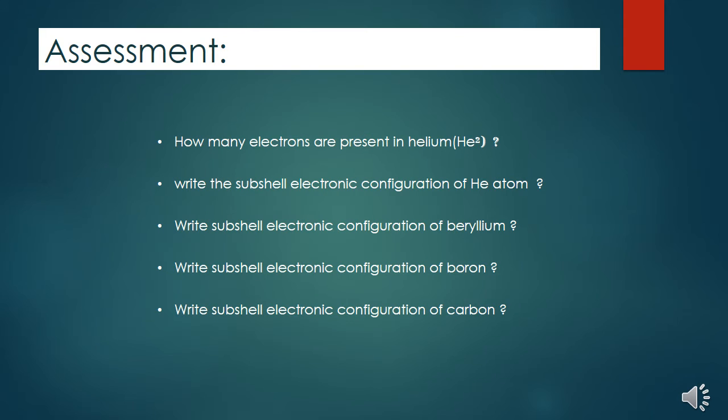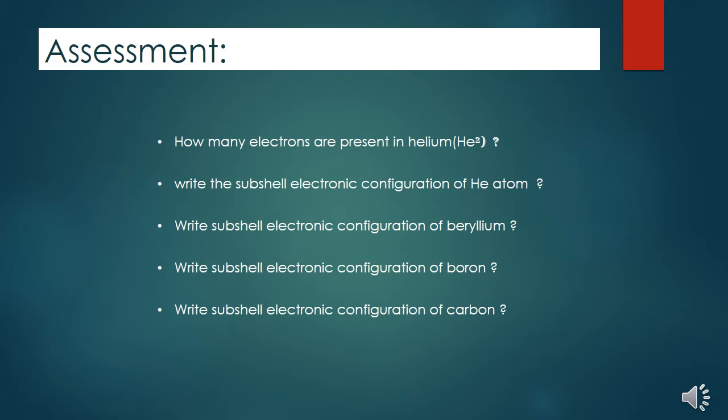Okay, here's a small assessment for you, my students. There are a few questions given below. Just read them. How many electrons are present in helium? The atomic number of helium is 2. This is the hint. Then how many electrons are present in helium? As we said earlier, the atomic number of an atom is equal to its number of electrons.